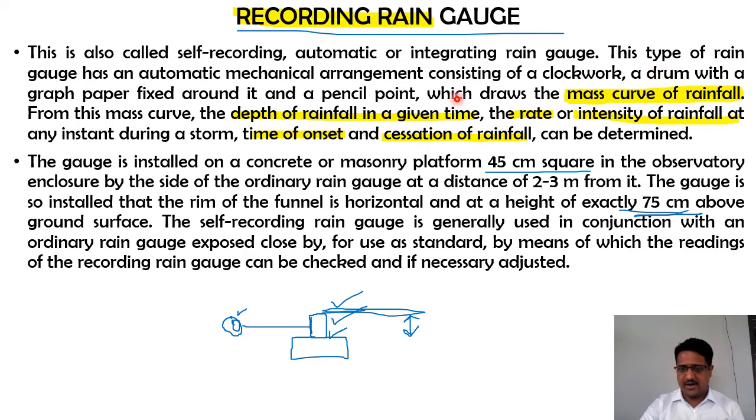To accommodate all these additional mechanical features into our rain gauge station, it will usually be much larger than the Symons type of rain gauge station. That's why the height of this is 75 centimeters, whereas the Symons type of rain gauge station was only 30 centimeters. So it is a bit above the Symons or non-recording type of rain gauge station.